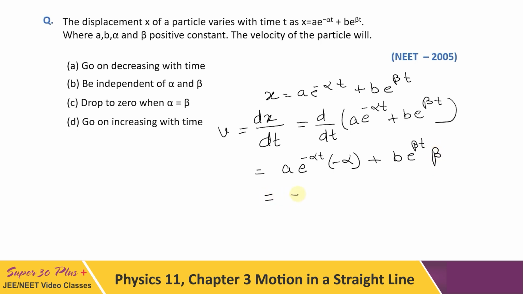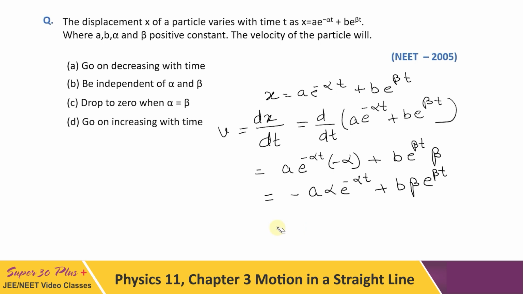That will give you minus a alpha e to the power minus alpha t plus b beta e to the power beta t. But we have to check how the velocity of the particle will vary with time, whether it will decrease with time, be independent of alpha and beta, drop to 0, or go on increasing. This we have to check.